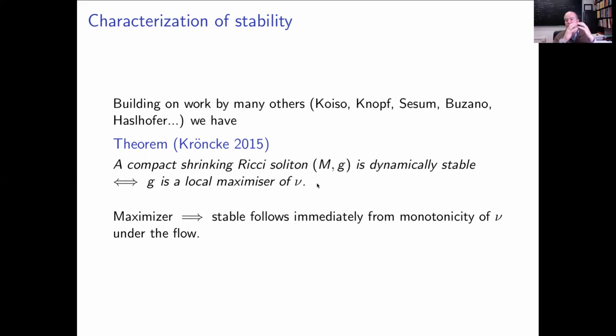So if it's a strict maximizer, say for simplicity, and you perturb a little bit, well, because you were at a local maximum, the value of the nu functional has gone down, and it wants to go up because it's monotonically increasing, so it must go back towards the local maximum. And so you must stay inside that neighborhood. So that's easy to see.